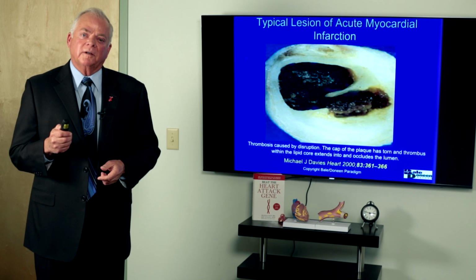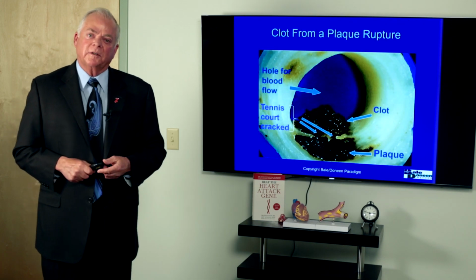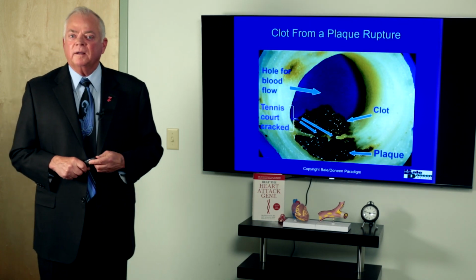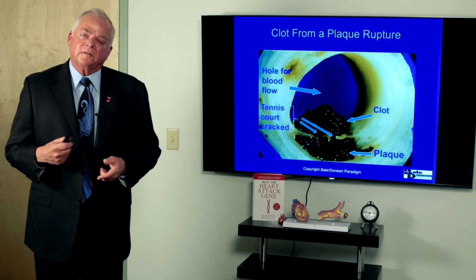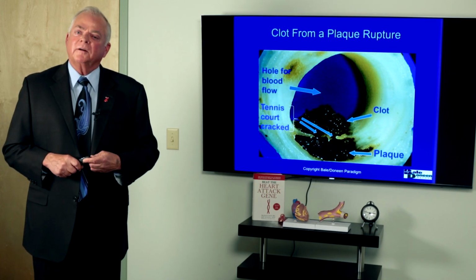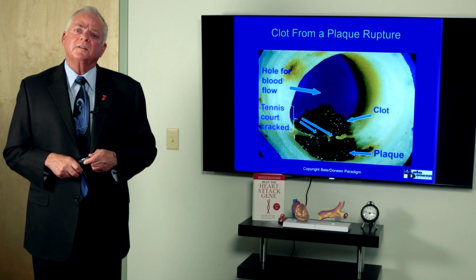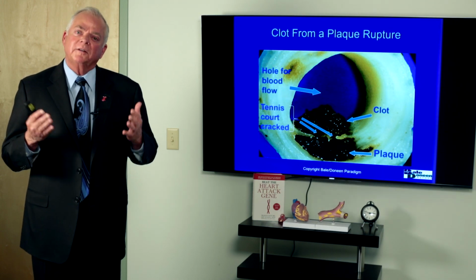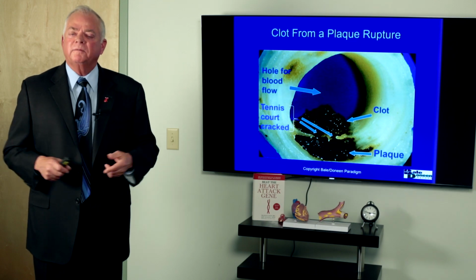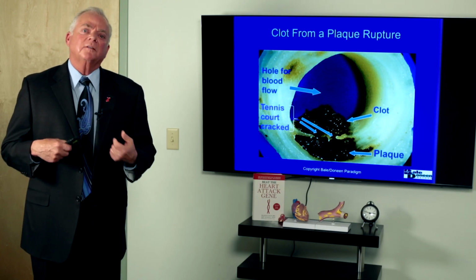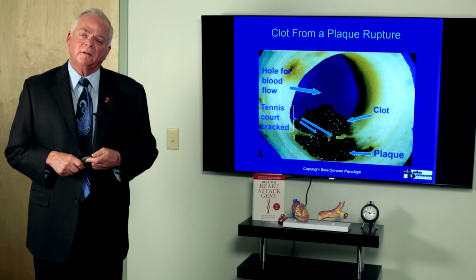So we'll look at one other autopsy specimen of somebody who died from a heart attack. In that hole, you can see where the blood was flowing prior to the heart attack was huge. It was wide open. This is an autopsy specimen. So when they made the cut, part of the clot fell out of that hole, but it had totally obstructed the hole and killed him.